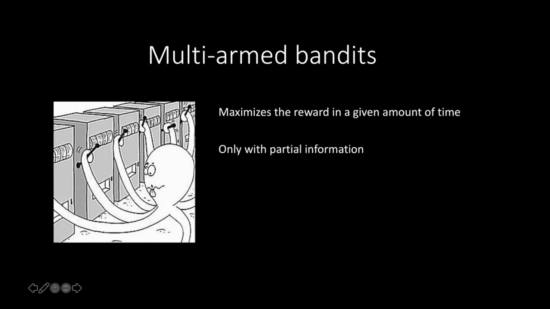But the problem is it only knows partial information about the reward distribution, or it knows nothing about it. So it not only needs to exploit the best arm based on its current knowledge about these arms, but also needs to explore new arms to gain more information.